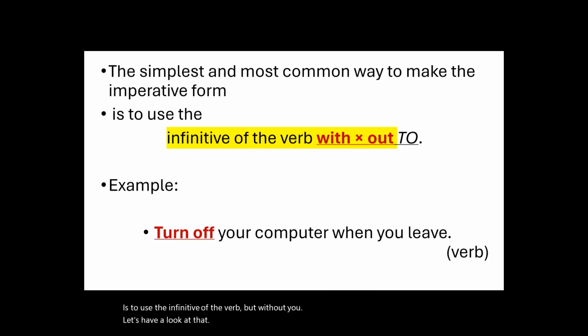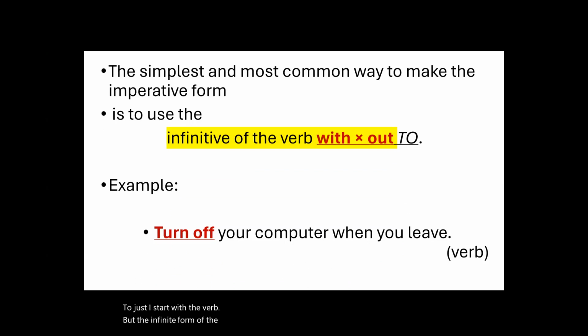So when I say turn off your computer, turn off is the infinitive of the verb, but without to. Did I say to turn off? No, there is no preposition to. I just start with the infinitive form of the verb.